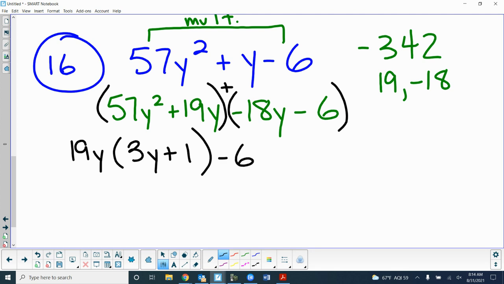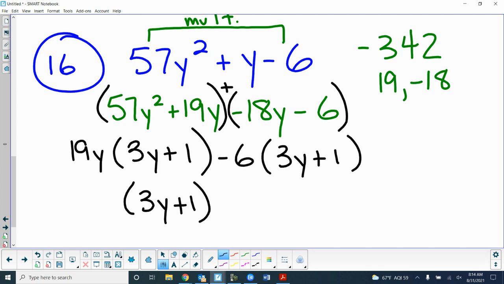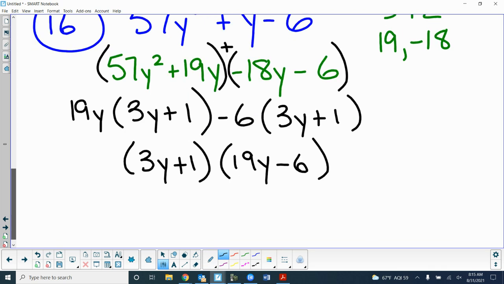And then we get 3y plus 1 again, because negatives divided by negatives are positives. So 3y plus 1 is one of my factors, and then 19y minus 6 will be my other factor. And we can't go any further. Those aren't any special difference of squares or sum or difference of cubes. Okay? Questions?